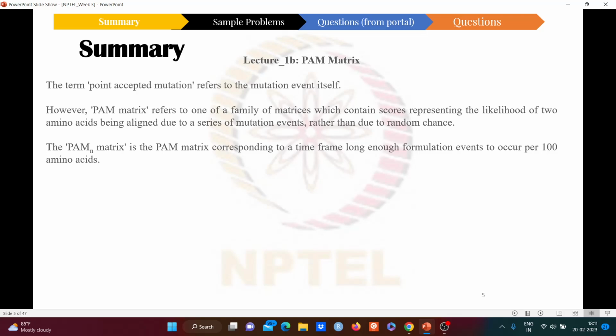Because with a higher identity it is reasonable to assume that any aligned mismatches were the result of a single mutation event rather than several at the same place. So by selecting higher identity homologous sequences, we assume that these are the effects of a single mutation event.